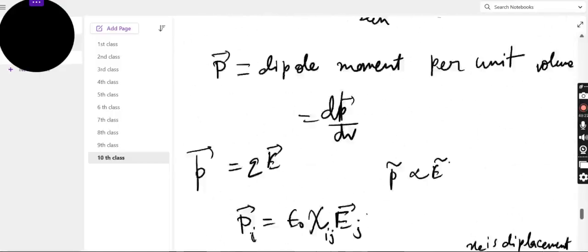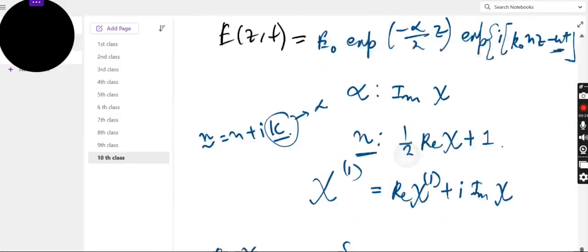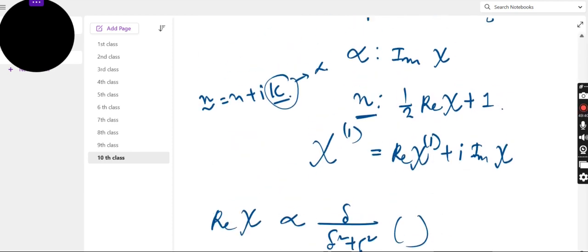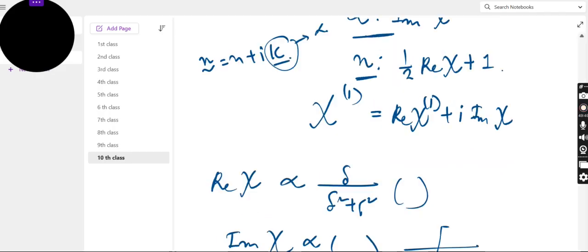But at that point it gets maximum. So the imaginary part of the susceptibility also represents the absorption behavior, and that function is peaked at the resonance frequency.